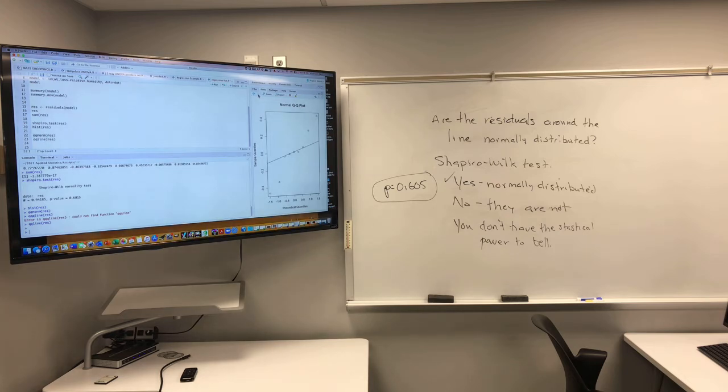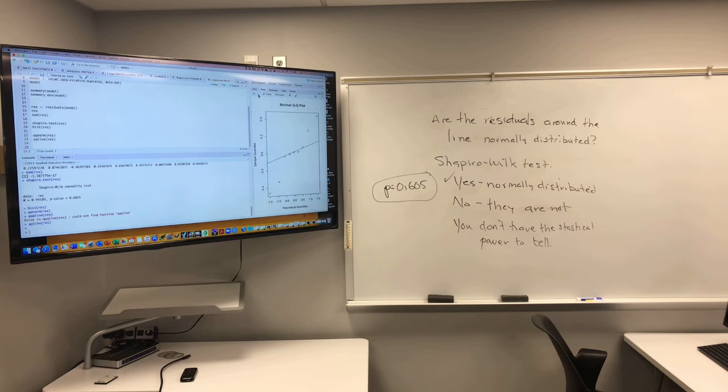It's fine to say, okay, I don't have any evidence to say that it's not normal, but this is also not a great deal of evidence to say that it is normal. It doesn't mean that you can't proceed. It just means you need to be aware of that. Especially with this data set, when we look at the graph, we see that the graph actually conforms pretty well to the linear model.